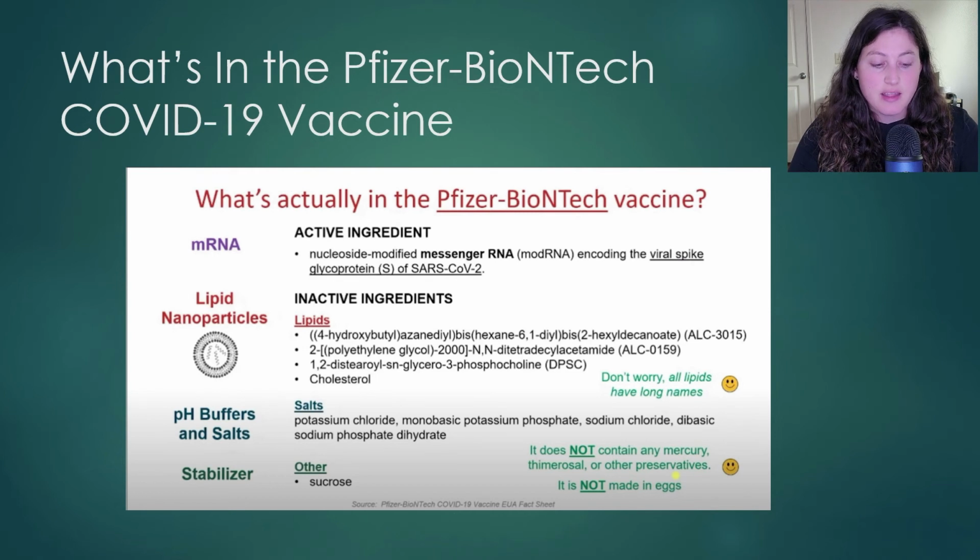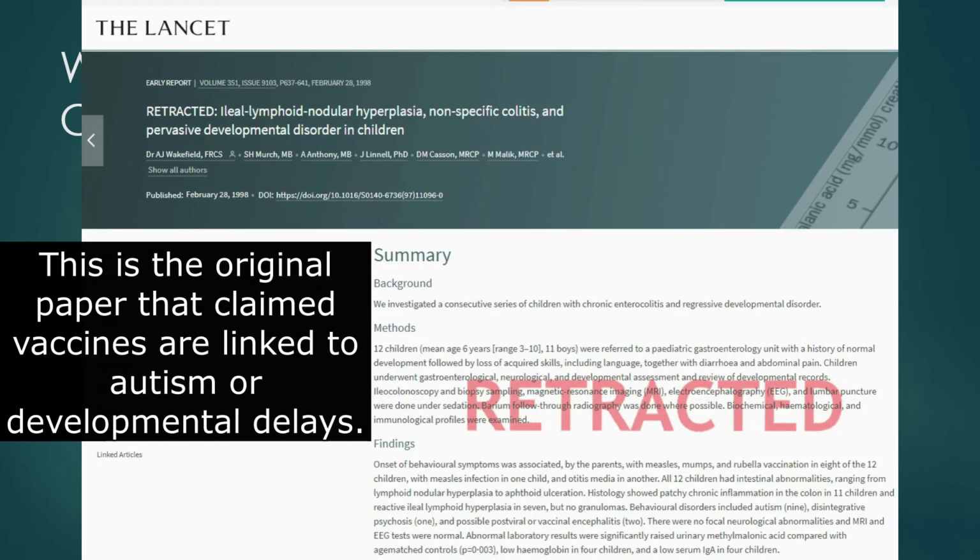There is a debate that vaccines cause autism because vaccines contain mercury, thimerosal, which is some very high percentage made out of mercury, or because these vaccines have preservatives in them. And regardless of where you stand on that particular issue, this vaccine doesn't contain any of that. So the discussion is moot there. There is nothing in here that has ever been argued to cause autism. Further, vaccines do not cause autism.